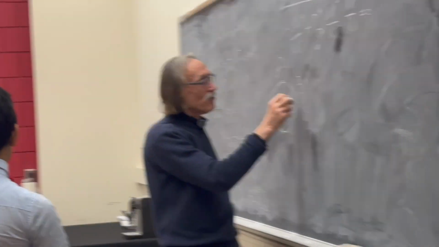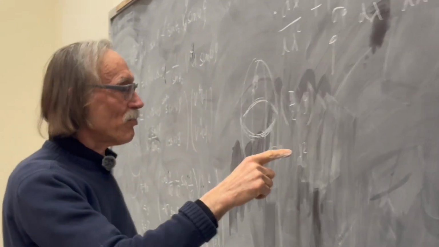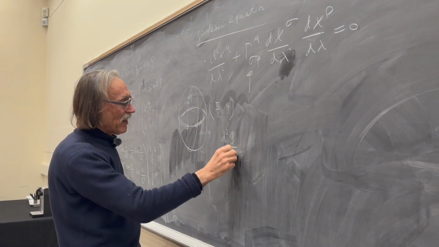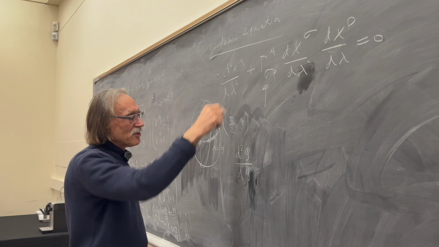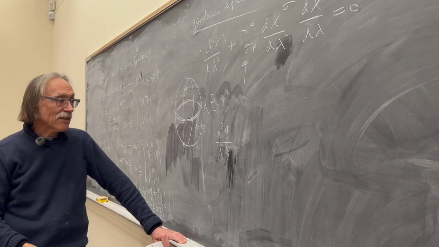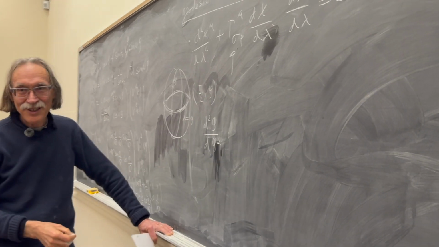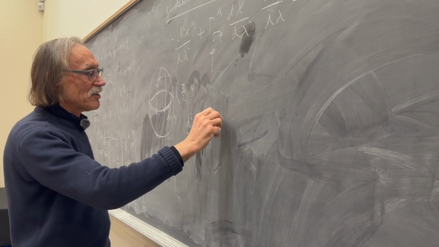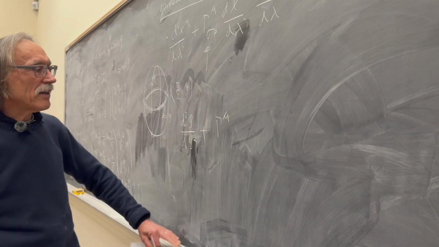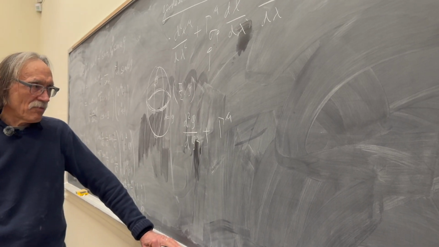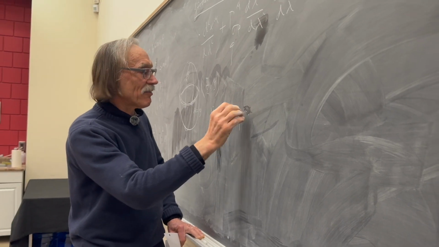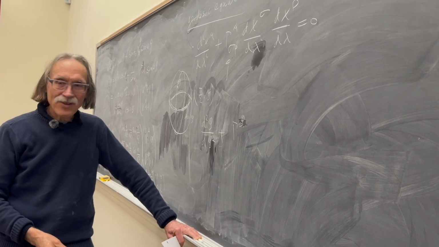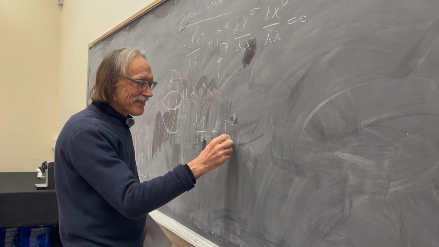So the vector only has a phi component, there's no theta component. So this is the phi component, and that's actually equal to 0 because the second derivative vanishes. Which components of this are non-zero for the phi component, do you still remember?